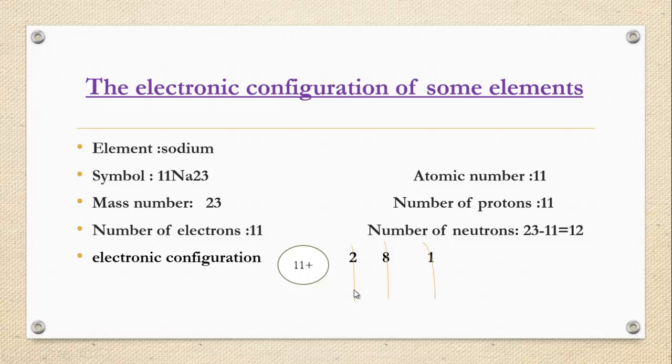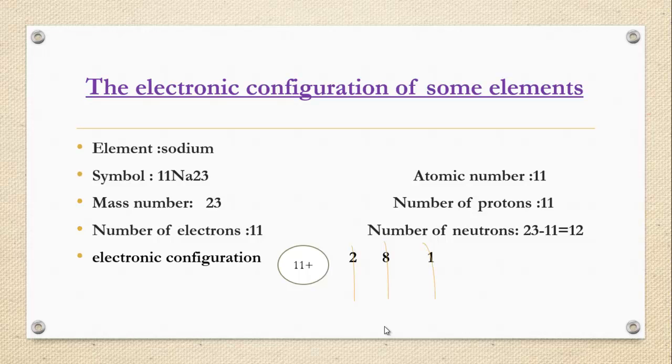In the K level, the K level is saturated with what? Excellent. The K level is saturated with 2 electrons. What's left? 11 minus 2 equals 9. Can you put 9 electrons in the L level? No. Why? Because the L level is saturated with 8 electrons only.